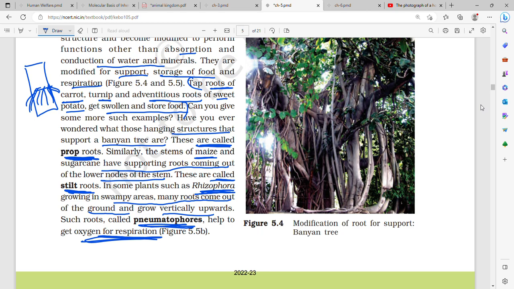Therefore, in Rhizophora the roots show negative geotropism. Instead of the direction of the root being downwards, they grow upwards, away from the soil and towards the light, and they help in getting oxygen for respiration.